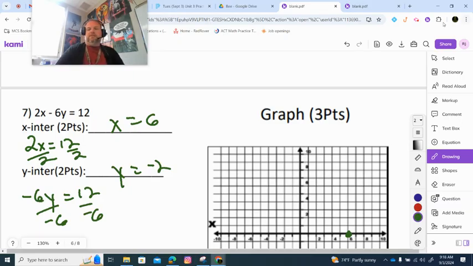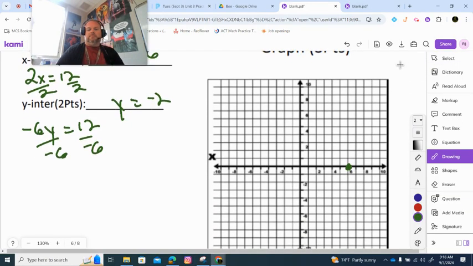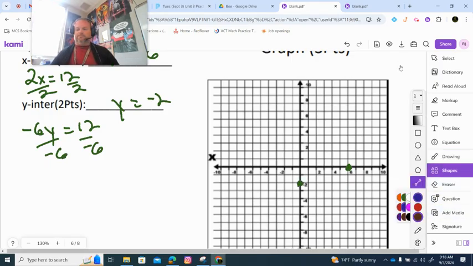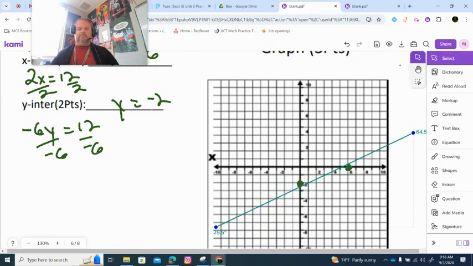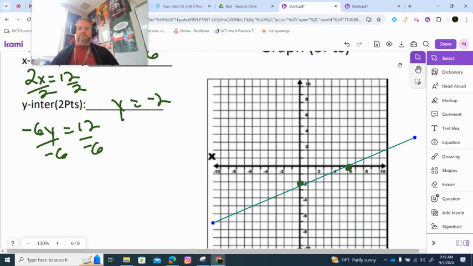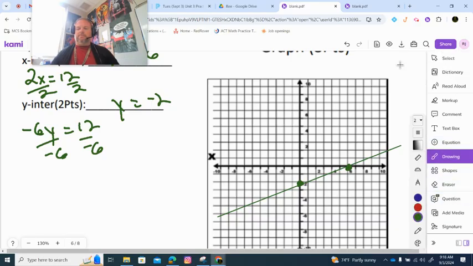And then negative 2. Okay, that's almost more better.